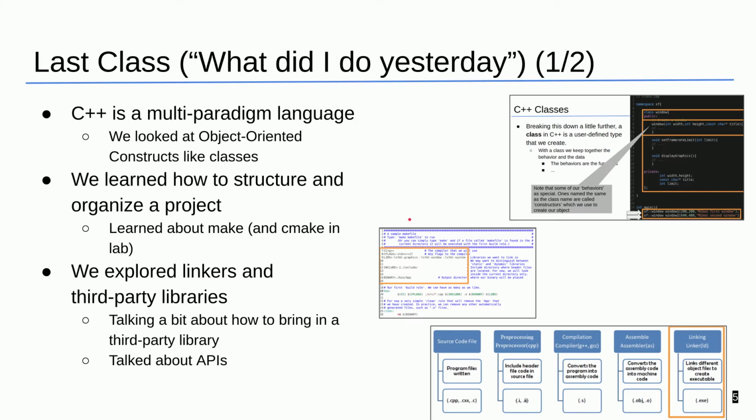And finally, we explored linkers and third-party libraries. So we started thinking a little bit about code that other people develop that we might want to bring into our projects, and how exactly that happens with a tool called a linker, which glues everything together. Okay, and then finally, again, on the APIs, we looked at some examples with the Simple Fast Media Library.